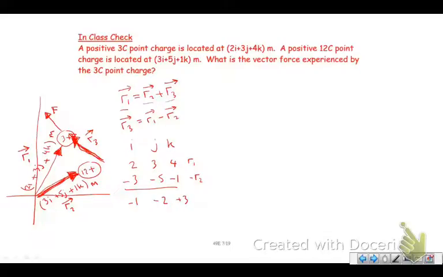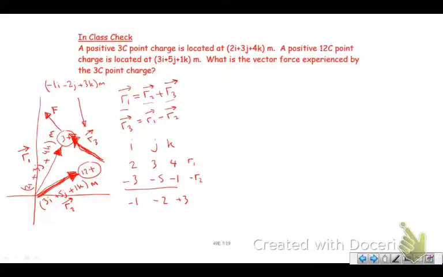Agreed? So that vector there is minus 1i minus 2j plus 3k meters. And that's not really electrostatics. That's vectors. Okay? That's just like a preamble, but I'd like you to be able to do that.